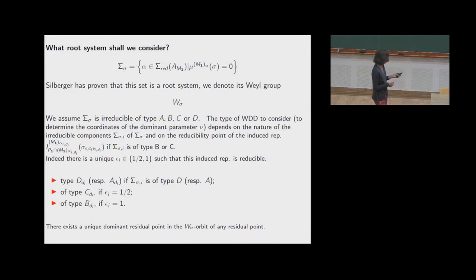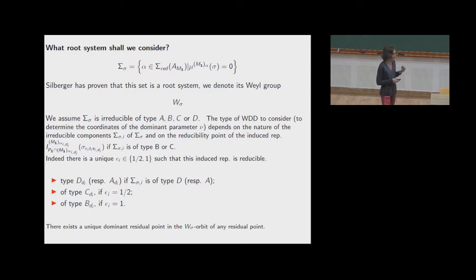We are using this sigma I mentioned earlier, which are these roots seen as roots of the maximal split torus in the center of M, such that the mu function has a 0 at alpha. Silberger first proved that this is a root system and its Weyl group is denoted W sigma. And I will assume, as I said, that sigma is irreducible at first and of type A, B, C, or D.